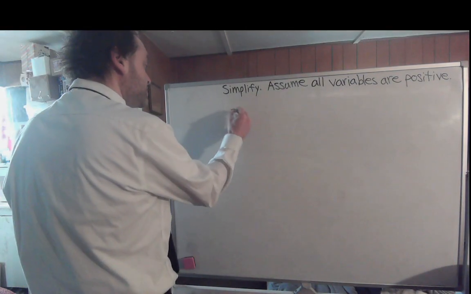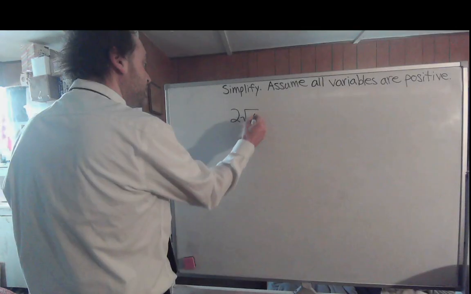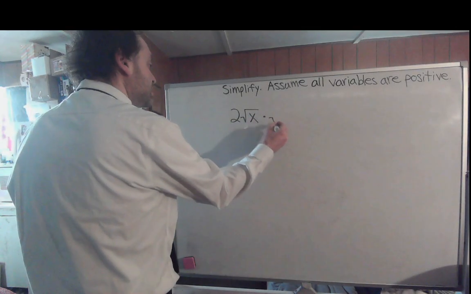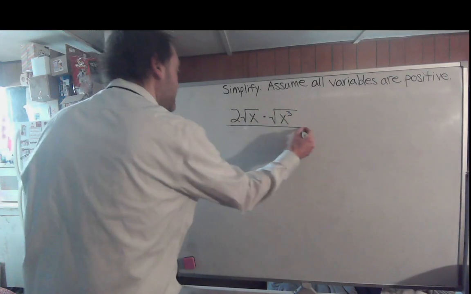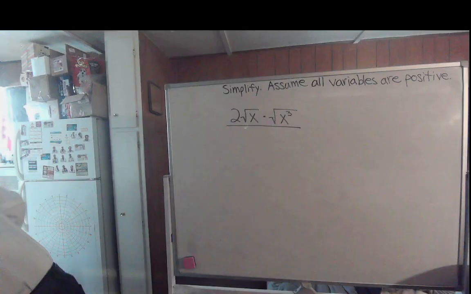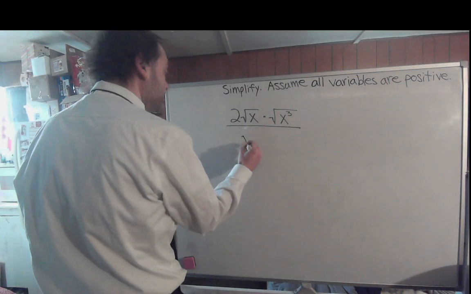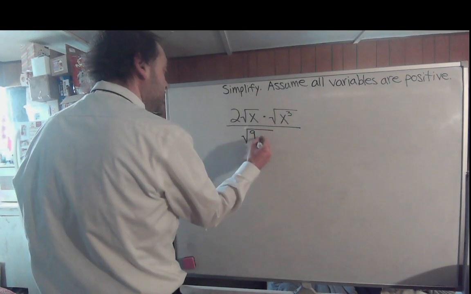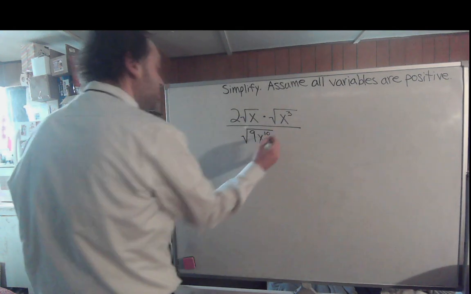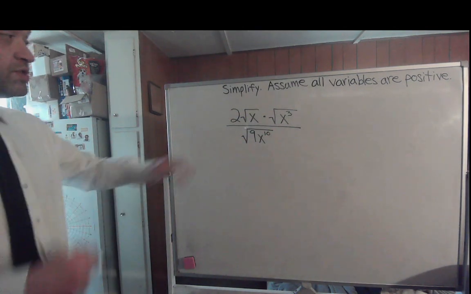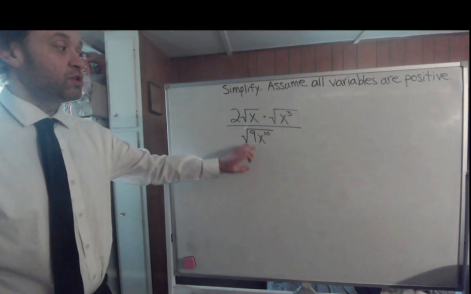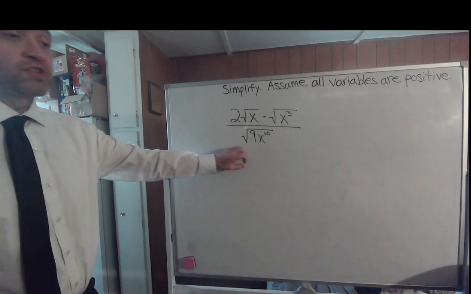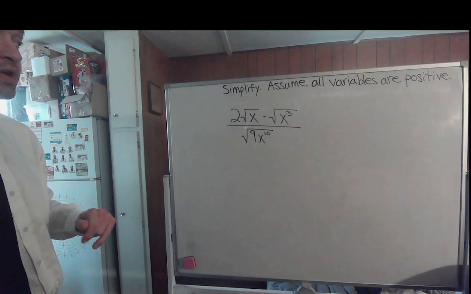Alright, so we have 2 times the square root of x times the square root of x to the third, all over the square root of 9x to the 10th.